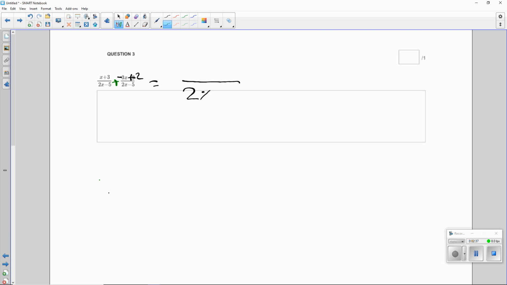So our common denominator is 2x minus 5. And then we're going to add our like terms. So positive x plus negative 3x is negative 2x. And then positive 3 plus positive 2 is positive 5. You might notice the top can be factored technically because that lead coefficient is negative.